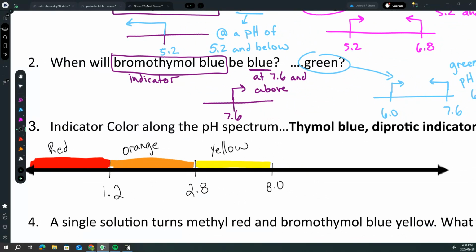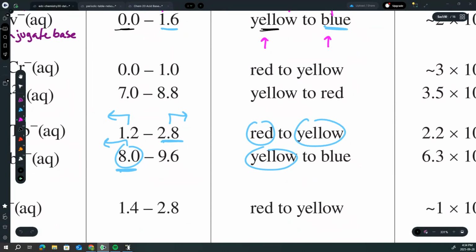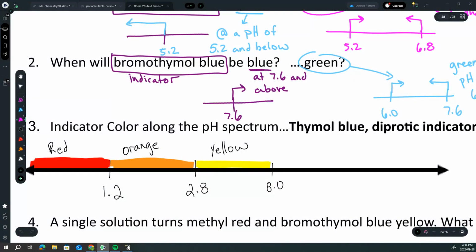Okay, now let's check out the rest of this. Okay, so it's going to be blue at a pH of 9.6 and above. So let's capture that. So 9.6 and above, it's going to be blue.